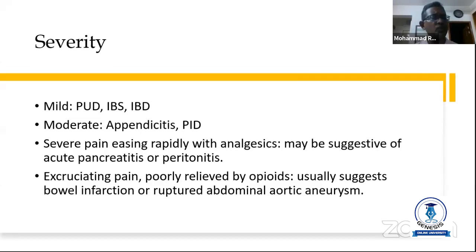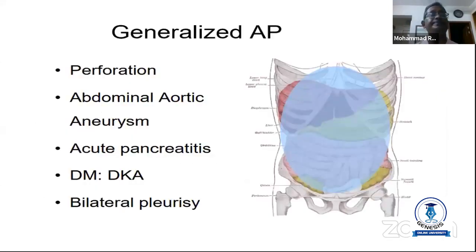So in case of excruciating pain poorly relieved by opioid, think about bowel infarction, that is mesenteric ischemia, or ruptured abdominal aortic aneurysm.